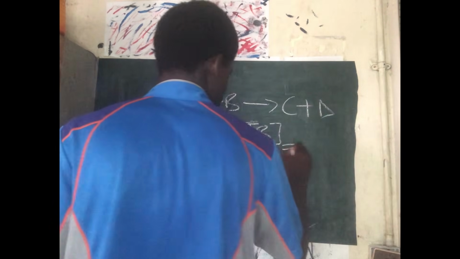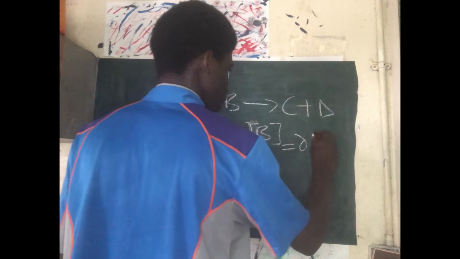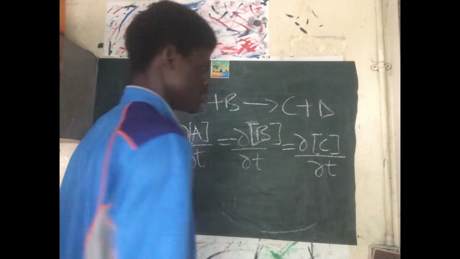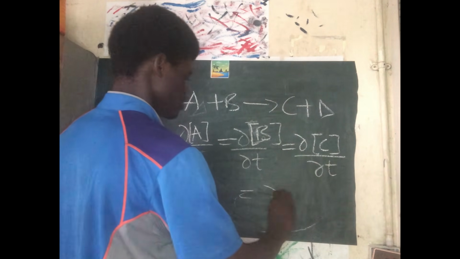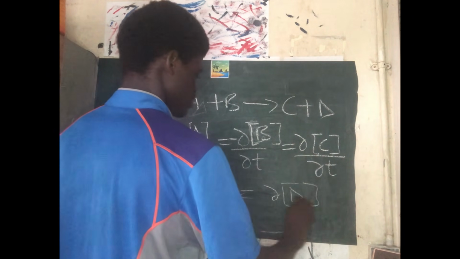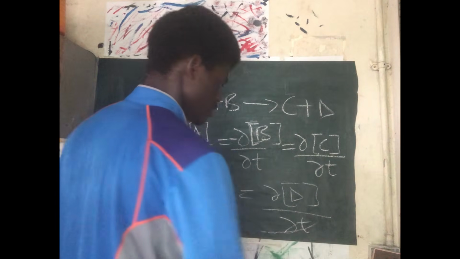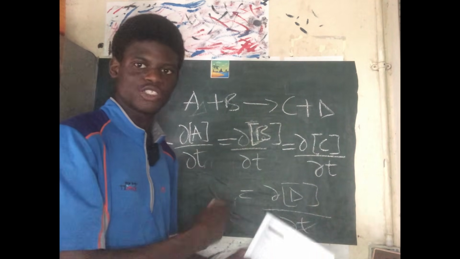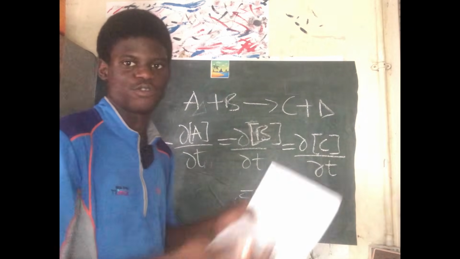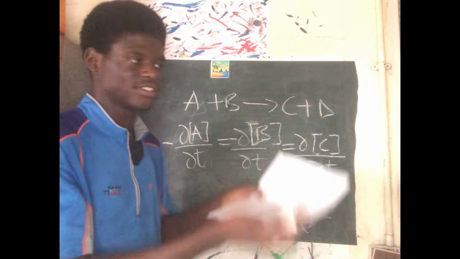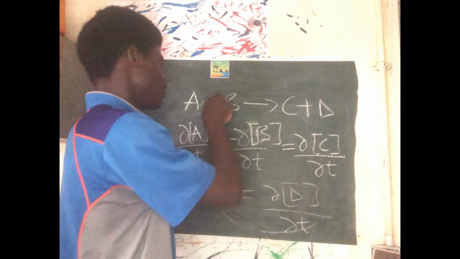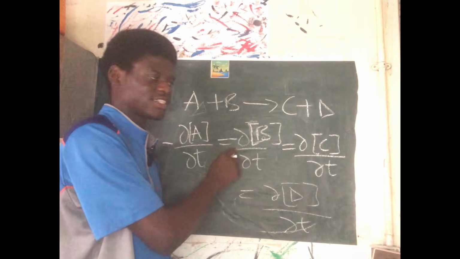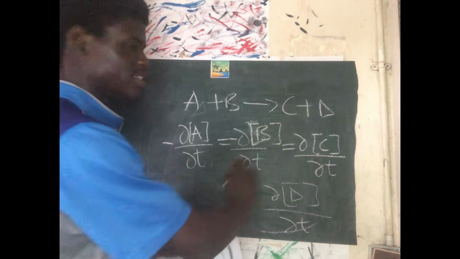So that will be equal to dC/dt is equal to dD/dt. You can see here on the product side, we are not going to add minus because as the reaction proceeds, the product is formed. So the concentration will be increasing. But here, as the reaction proceeds, these ones are decreasing and those ones are increasing. That's why we put negative on the reactant side. So this is how you represent it.